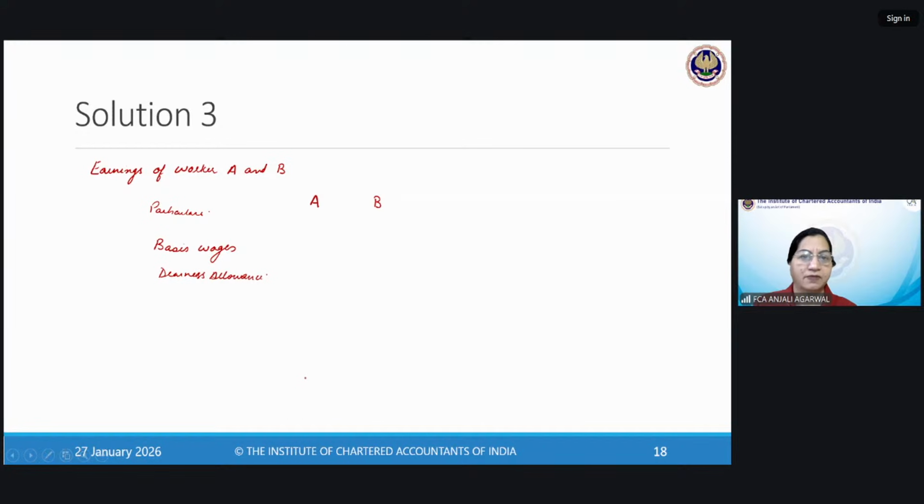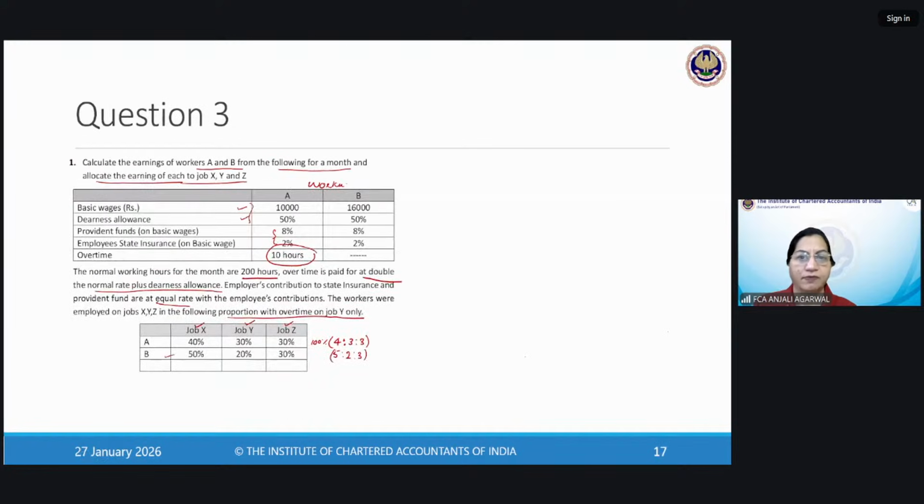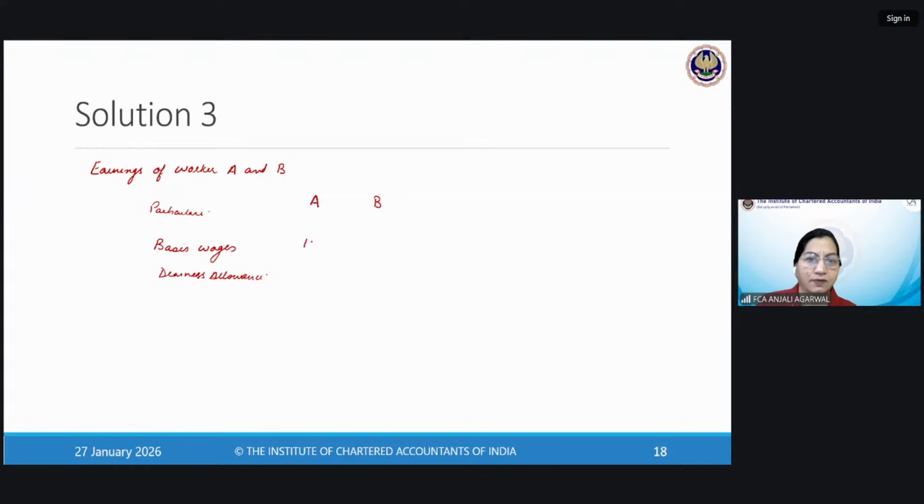So basic wages are 10,000 and 16,000, and 50% dearness allowance. Amount in rupees.